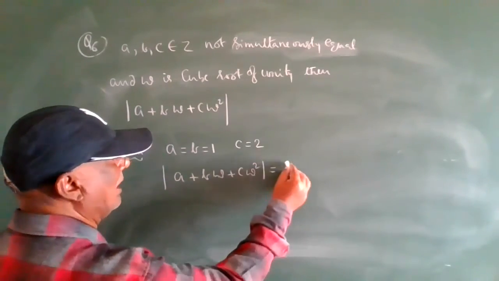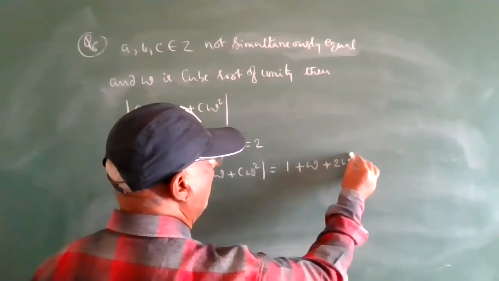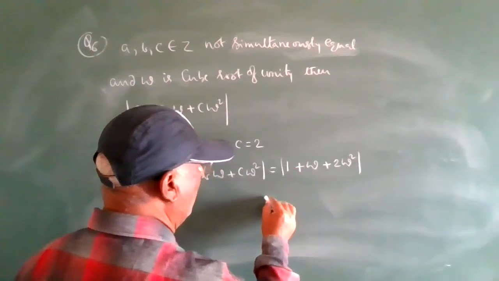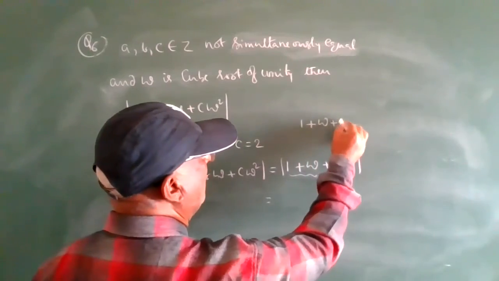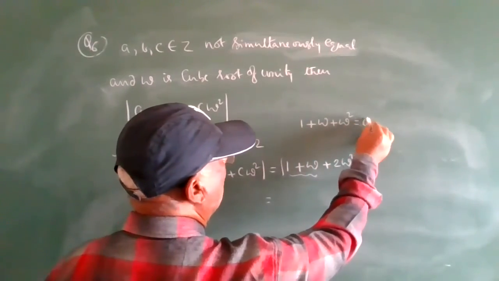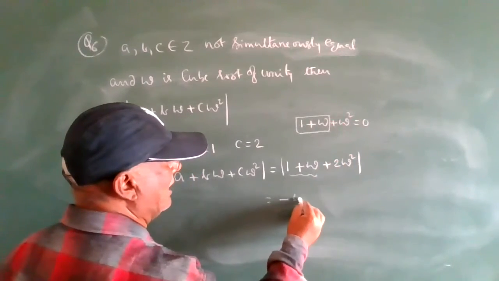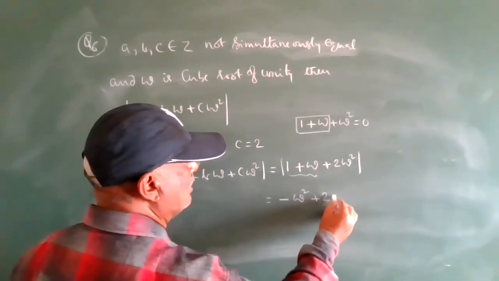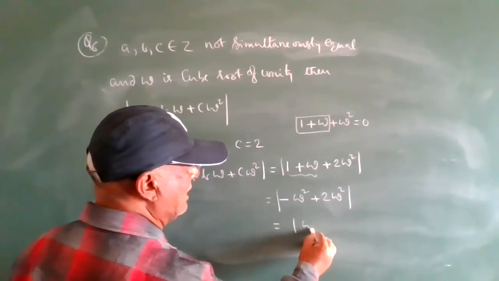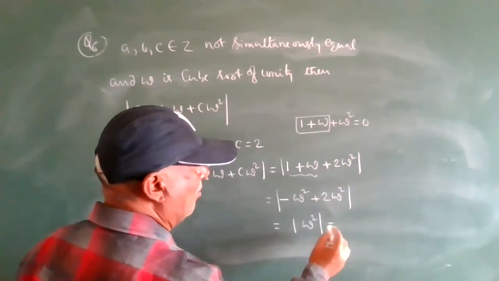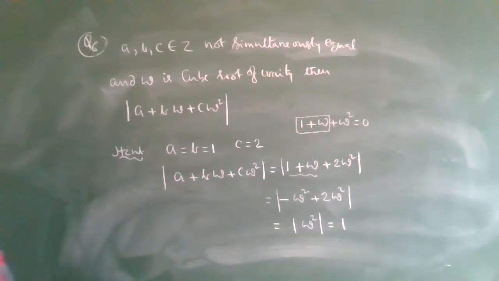A value is 1, B value also 1, C value is 2 omega square. 1 plus omega plus omega square is equal to 0, so 1 plus omega is minus omega square, plus 2 omega square. So this is the modulus of omega square. Modulus of omega is always 1.